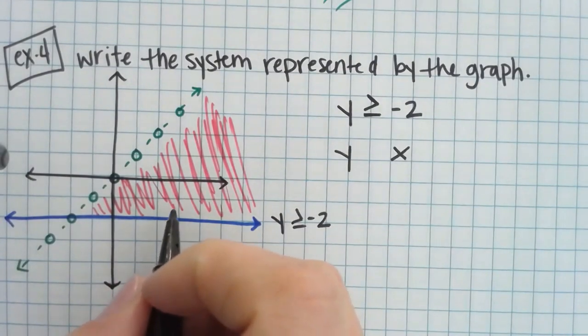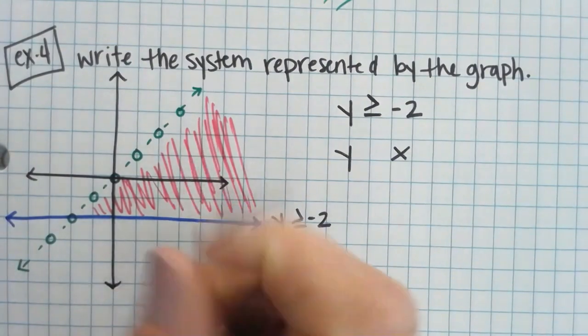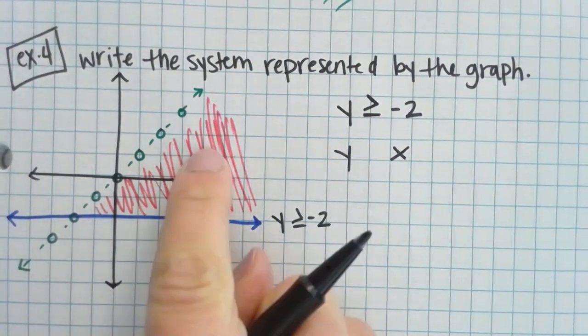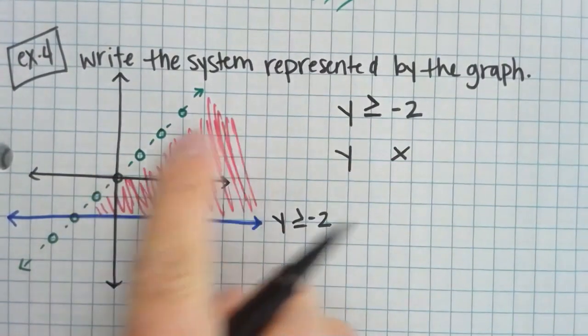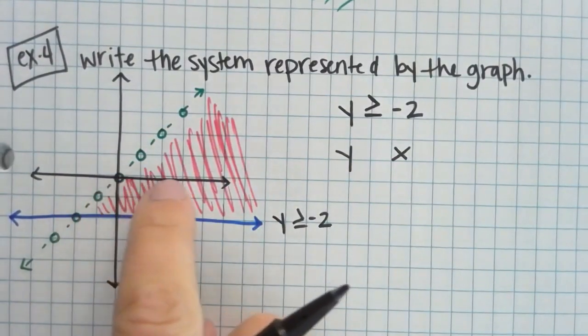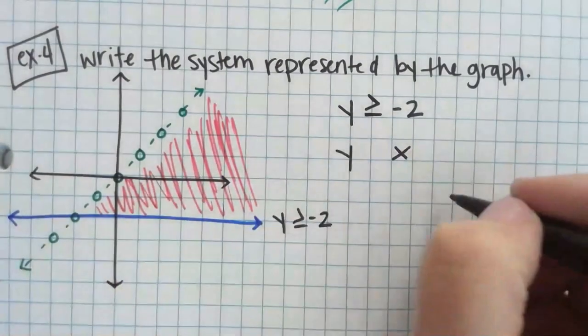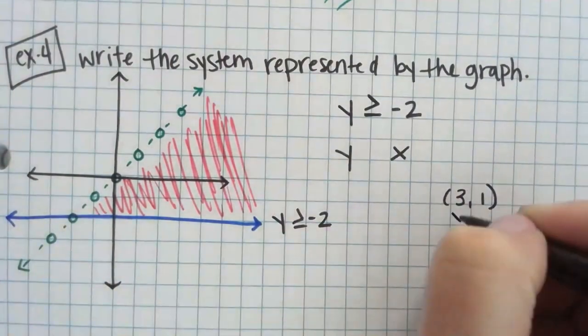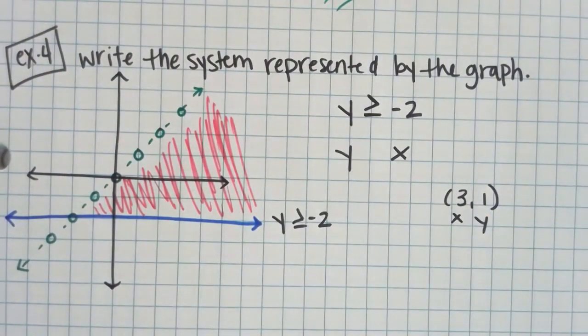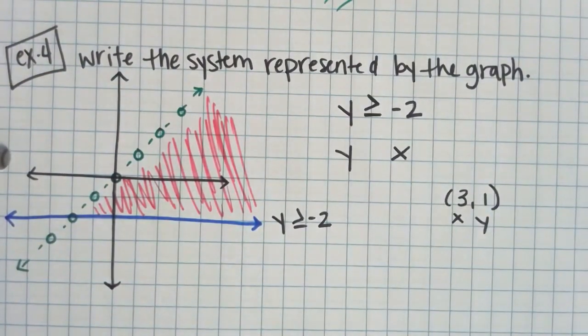Yeah. What if we pick an ordered pair in here? Like, we know these are all solutions. So let's pick an ordered pair that falls in this shaded area. Let's do 3, 1. And this is x and this is y. How are x and y related to one another? You're right. X is greater than y.